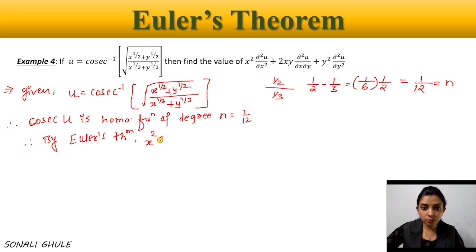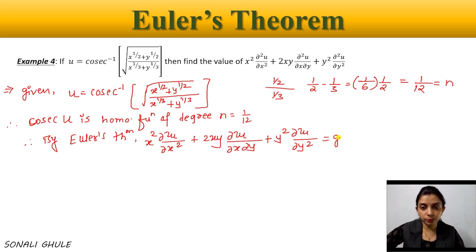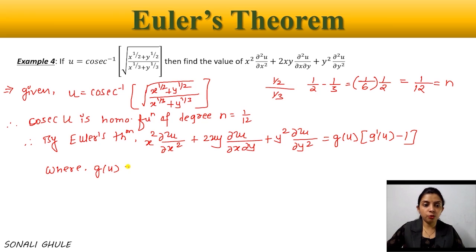Yes, x square del 2u upon del x square plus 2xy del 2u upon del x del y plus y square del 2u upon del y square is equal to g of u into (g dash of u minus 1), where g of u is equal to n into f of u upon f dash of u.